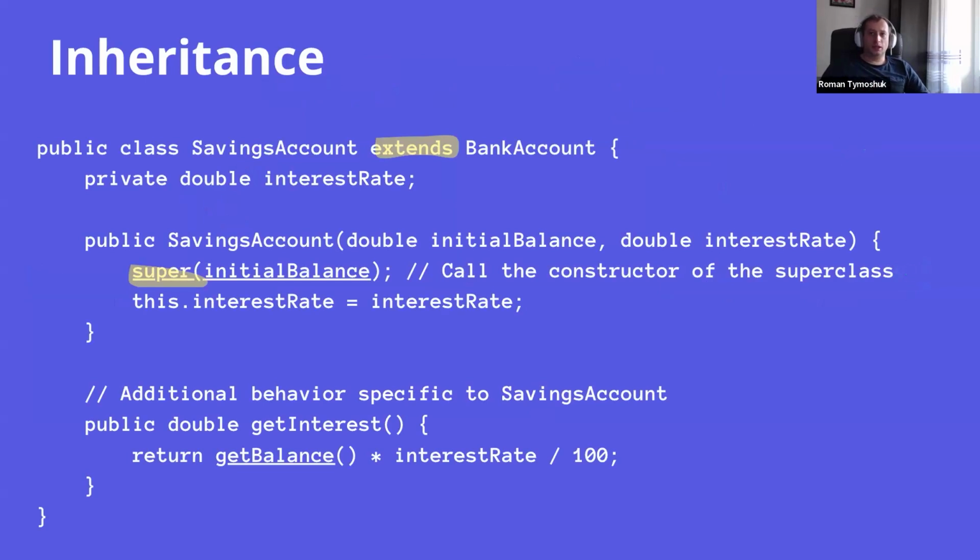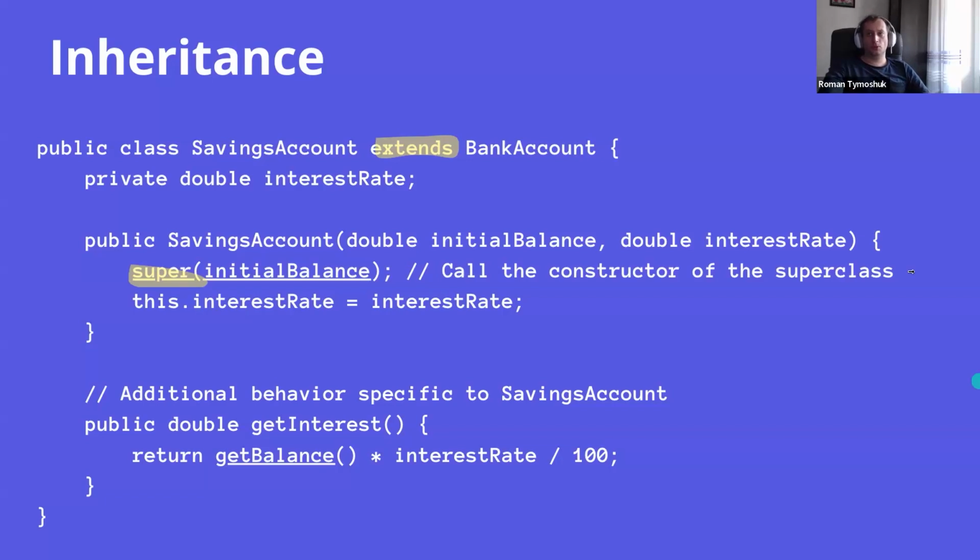So here you have an example, and probably you already saw it from the previous lecture, when we have a savings account which extends a bank account. And as you correctly mentioned, when we are extending, when we are inheriting the object, we are adding additional characteristics and interfaces into it and using the parent identification and parent functionality.